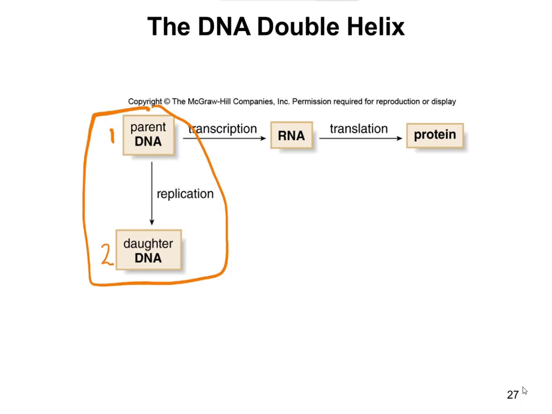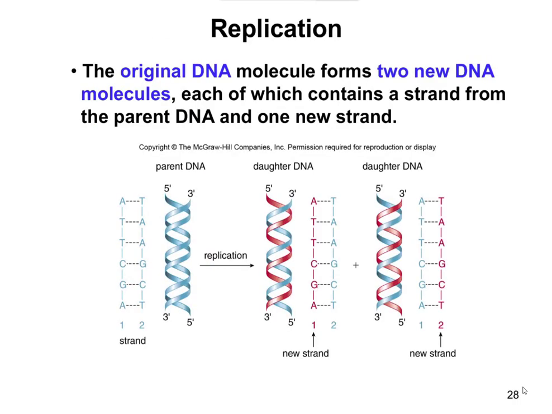So we're going to go through and look at replication, transcription, and translation one at a time, but the first thing we want to do here is look at replication. That's going to be our first step. So DNA replication is the formation of two new DNA molecules. Again, these are referred to as daughter strands. If you look at the slide here, it says daughter DNA and daughter DNA.